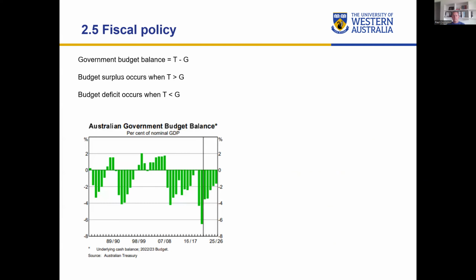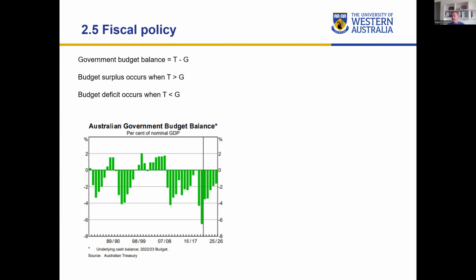Now, the government budget balance. Just like a household, just like you or me, the government has expenditure and it has revenue. Its revenue is its taxation revenue. Now, of course, the government does have other forms of revenue other than taxation revenue, but we're going to keep it simple. There's no point in going through an exhaustive list of all of the sources of government revenue.